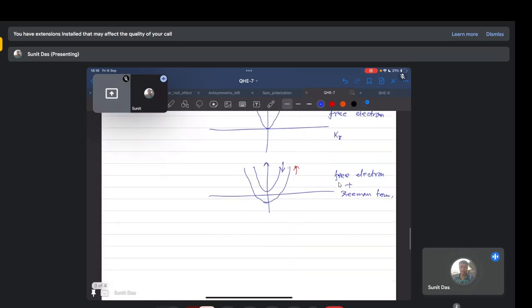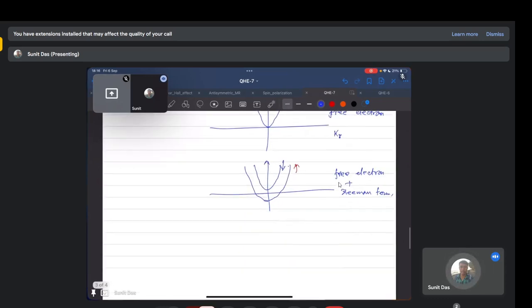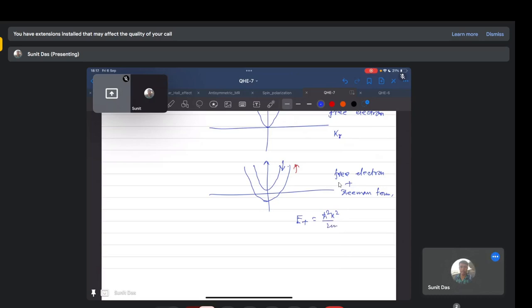Because with respect to the Zeeman term, what will really happen is that energy plus will be h bar square k square by 2m, plus the spin part, where the Zeeman term is minus mu dot B. So if mu is along B, this will lower the actual energy, so it will be minus mu B. Mu is the magnetic moment of the free electron.